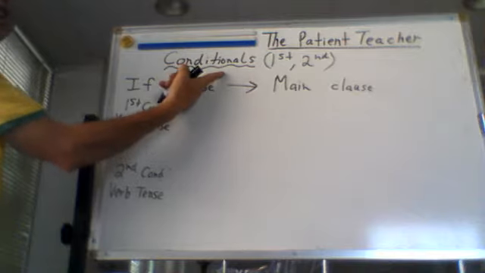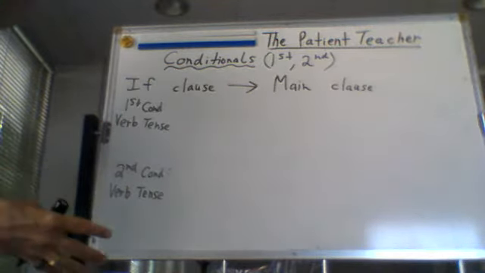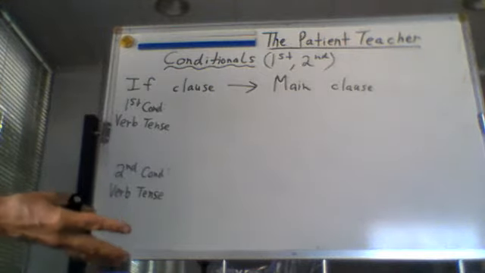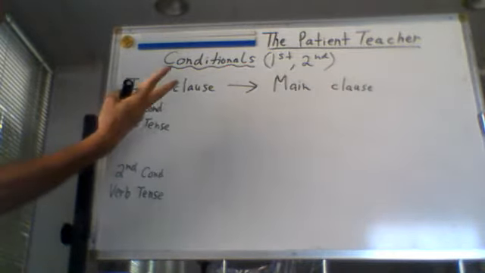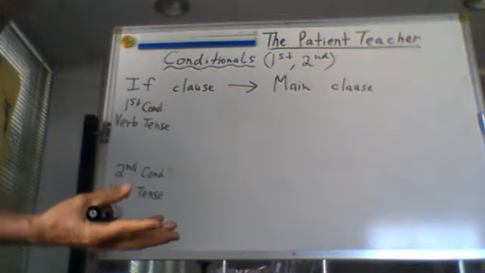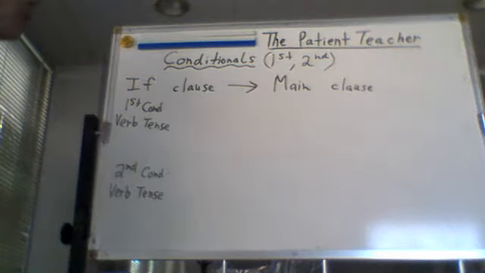Conditionals, the term comes from "on the condition," meaning it's necessary, sort of, okay? It's hard to explain at first. We have two clauses, and a clause just means a thought, not a full sentence, but a thought in a sentence, okay?